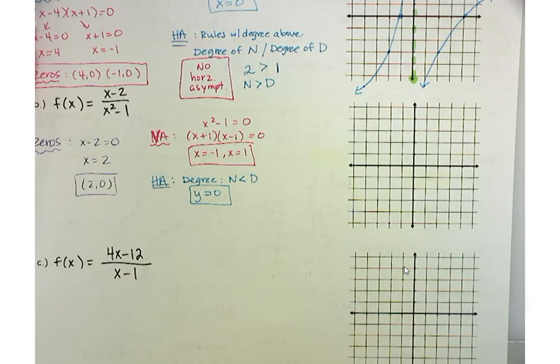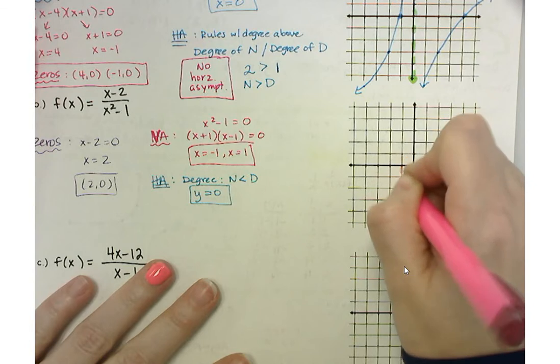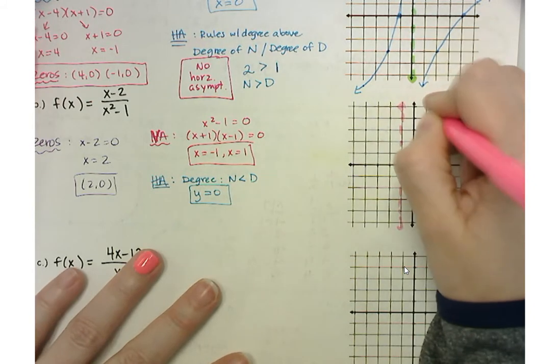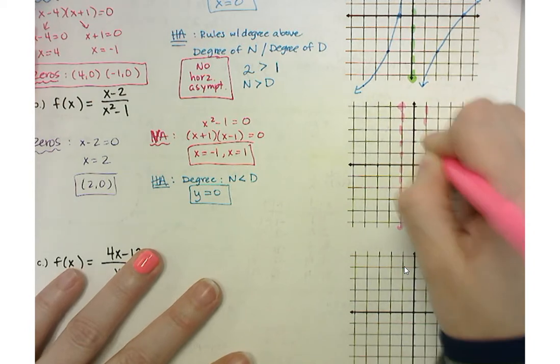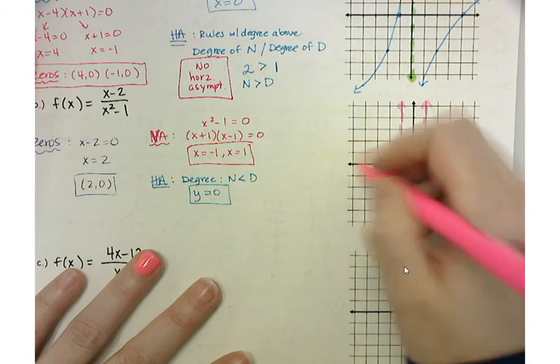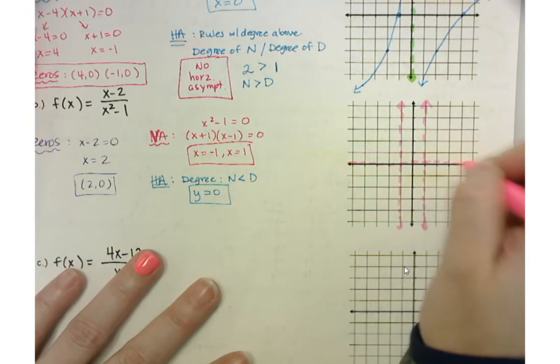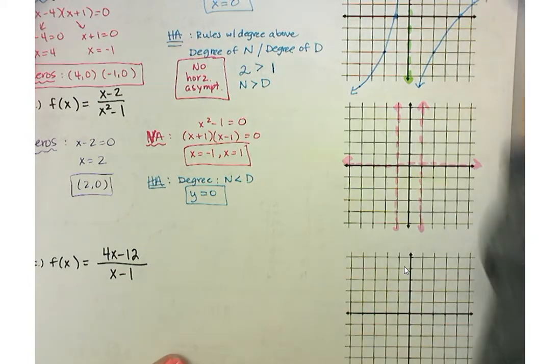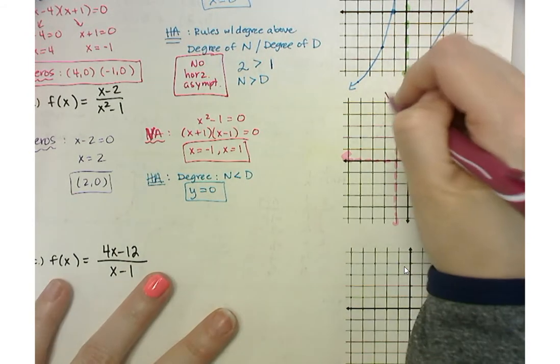So the vertical ones cannot be crossed at all, but the horizontal, because those do not have to do with the domain, they actually can be. Sometimes they are and sometimes they're not. So it is strange to have the point on an asymptote. It'll never happen if it's vertical, but in some cases it will happen if it's horizontal.